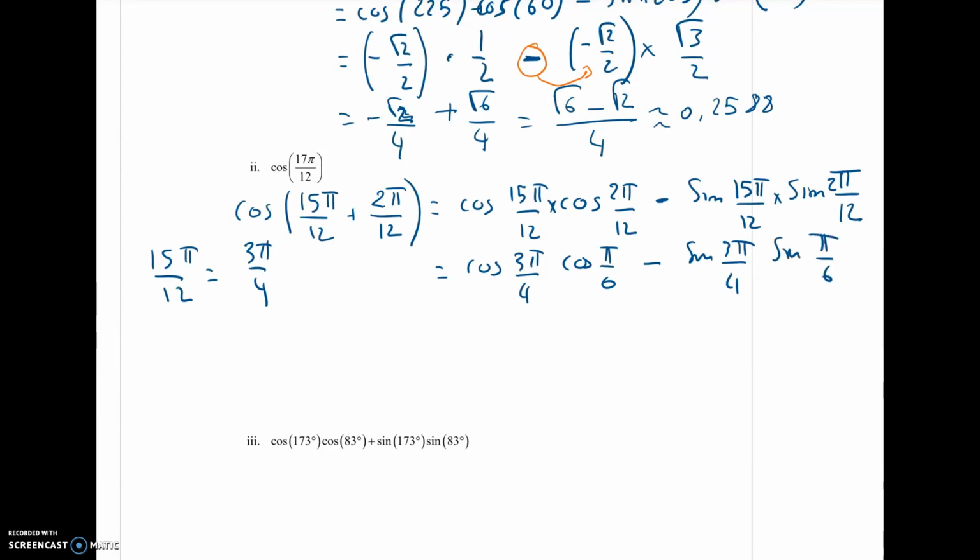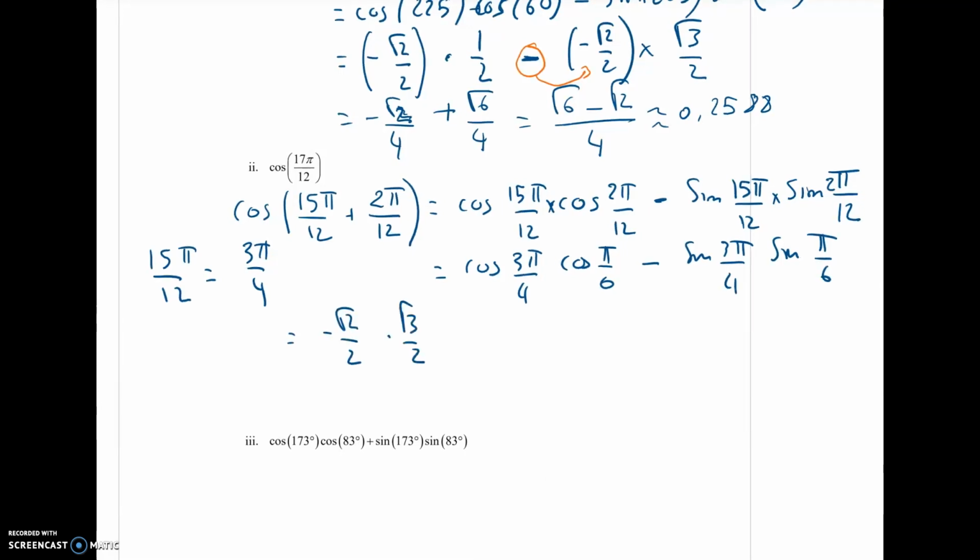Basically, I transform 17 pi over 12 into the sum of two angles that I can use on my trigonometric circle. Therefore, I end up with negative square root of 2 divided by 2 multiplied by square root of 3 divided by 2, minus negative square root of 2 divided by 2, in parentheses, multiplied by 1 over 2, and at the end of the day, a negative square root of 6 minus square root of 2. Please do the calculation and check those numbers by yourself.